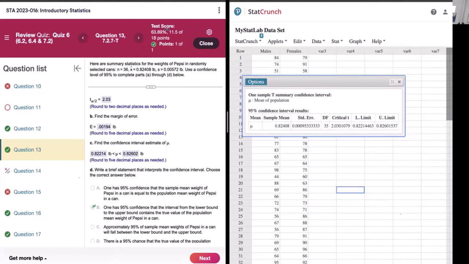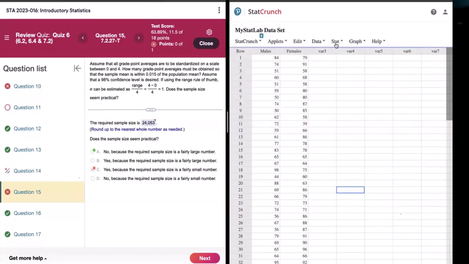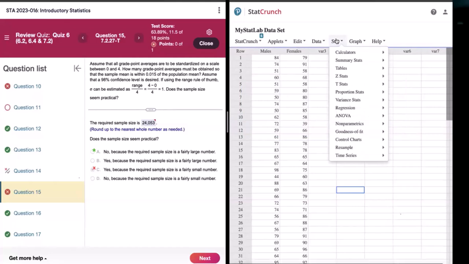Number 15. Assume that all grade point averages are to be standardized on a scale between 0 and 4. How many grade point averages must be obtained so that... this one we have to use the stat. I still think it's T-stat and one sample.